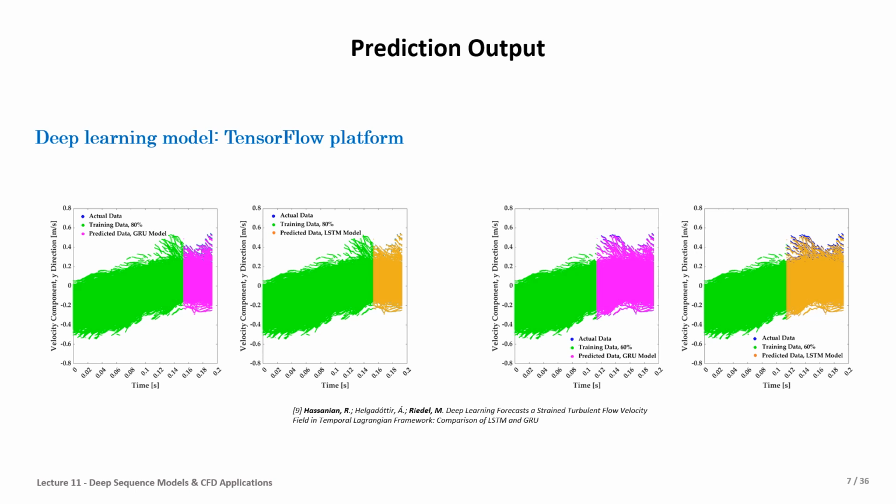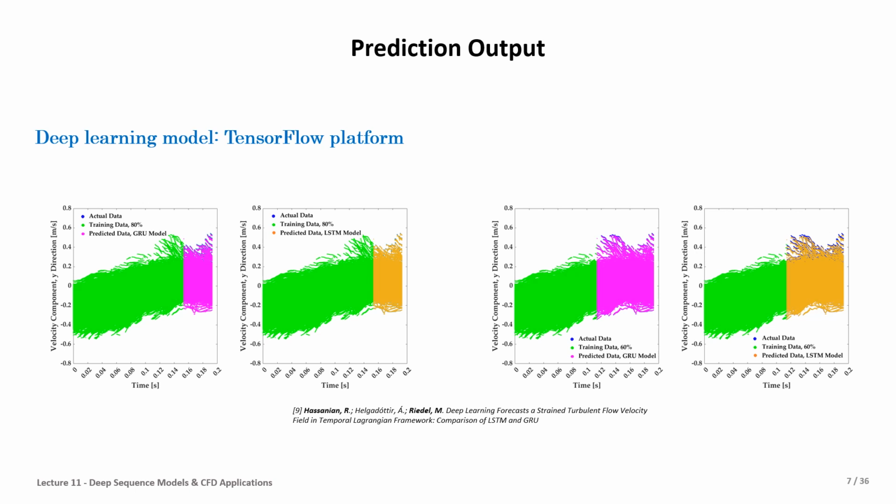Also, to check how much the training can help to make predictions with high accuracy, we changed the training to 80% and 20% for the test. This is the left-hand side of this slide, and you can see again the green color is the training, the yellow color is the LSTM model prediction, and the purple color is for the GRU model.